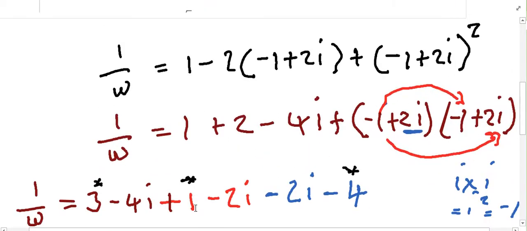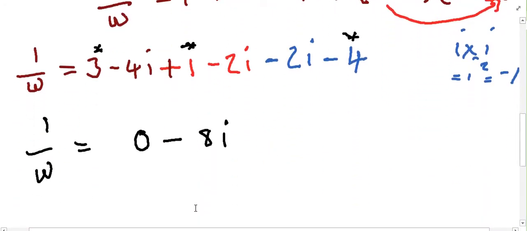So after that, we can simply cross multiply those guys. When we cross multiply, we are going to find that 1 is equal to 0 minus 8i W, right?